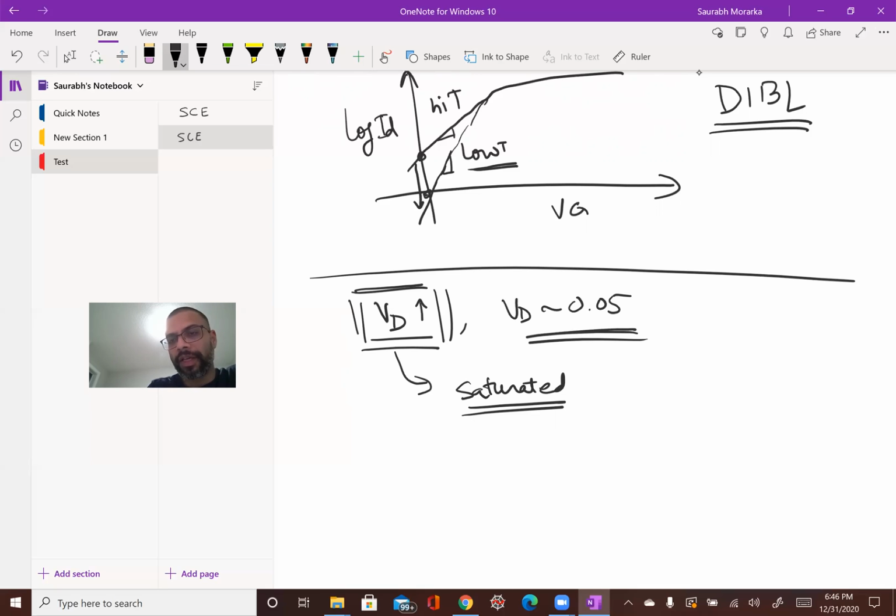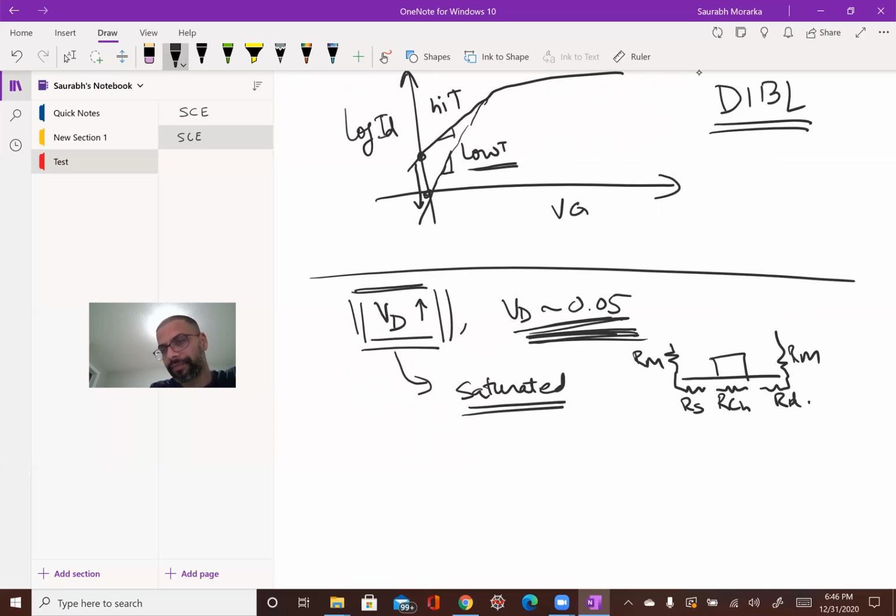Whereas in the linear region, we tend to get more diluted by things that happen outside of the channel. So here, this would be the channel, this would be the source resistance, this would be metal resistance, and this is again our metal, this is the drain resistance. So in the linear regime, which is where the drain is low, this R channel gets diluted much more by these components.